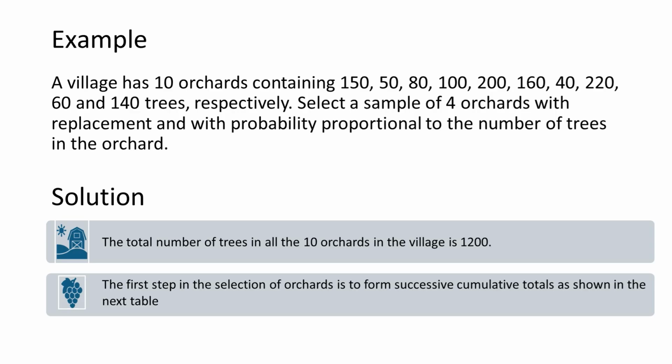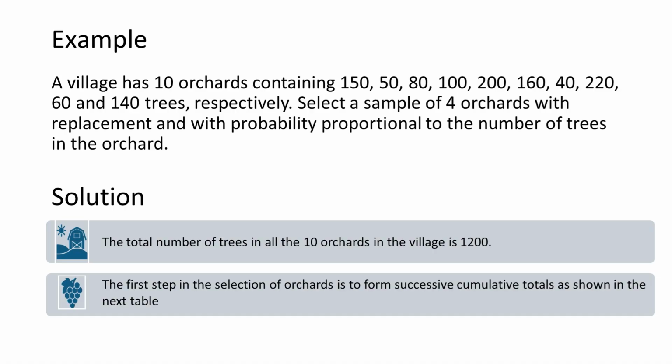So this is an example. A village has 10 orchards containing 150, 50, 80, 100, 200, 160, 40, 220, 60 and 140 trees respectively. We have to select 4 orchards with replacement and with probability proportional to the number of trees in the orchard. The yield depends on the number of trees.